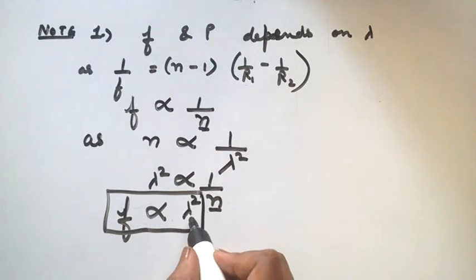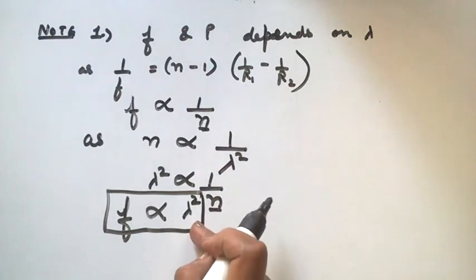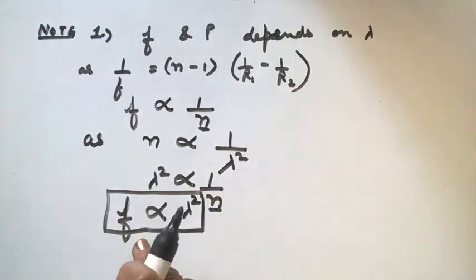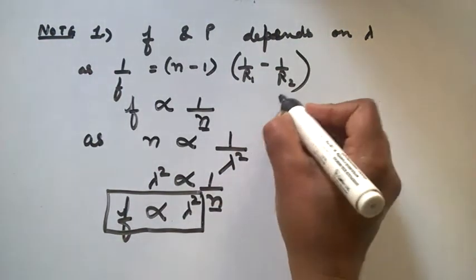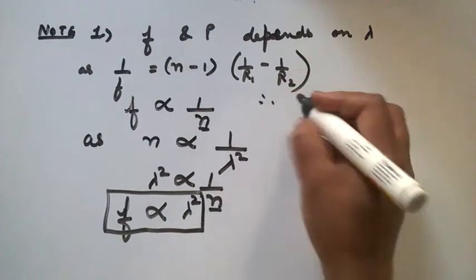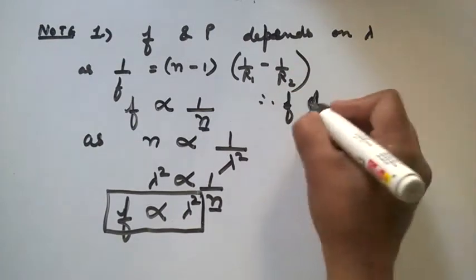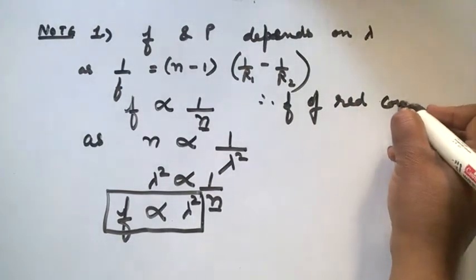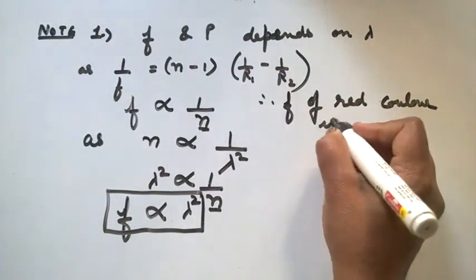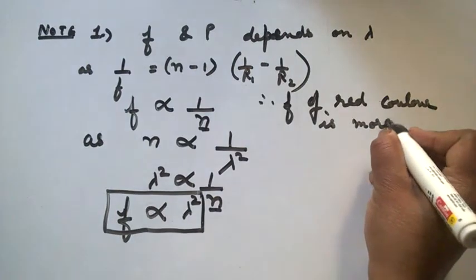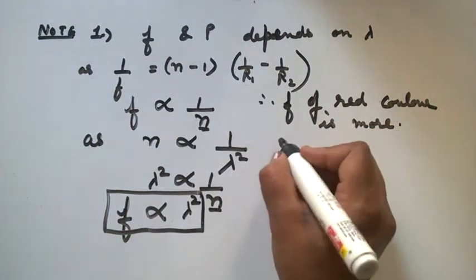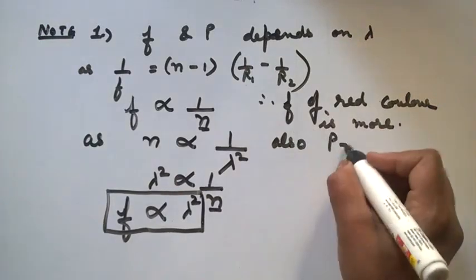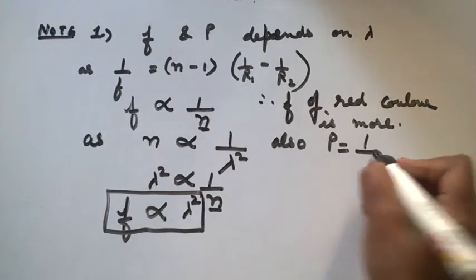It means that, as we know, red color light has more wavelength, therefore its focal length will be more. Therefore the focal length of a lens for red color is more. Also, the focal length and power relation is power is equal to 1 upon f.